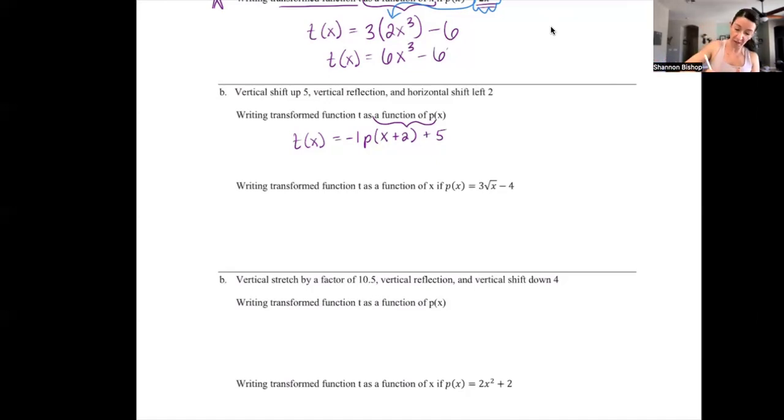Now, here comes the other way of writing it. This time, same thing, transformed function, but as a function of X, not as a function of P, but as a function of X. So in this new answer, I am not going to write the letter P. No. Instead, I'm just going to reveal what P has been this whole time.